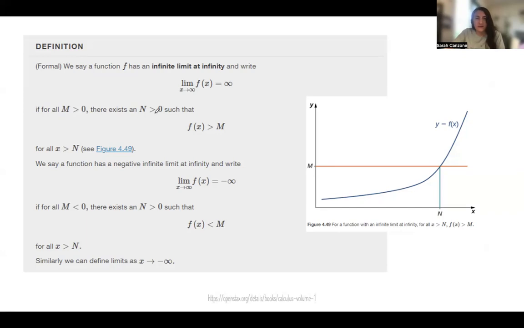And then there exists an n greater than 0 such that your function is going to be bigger than some m value. You can read this and digest exactly what it's saying. But the informal definitions are more what we're going to be using throughout this lecture and the rest of the course.